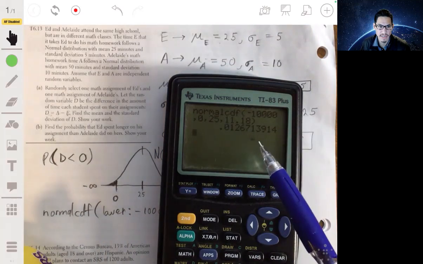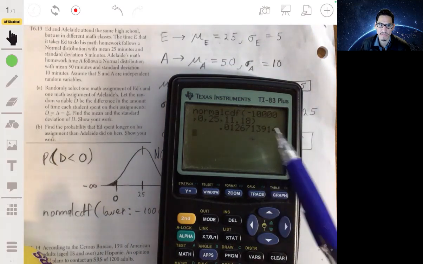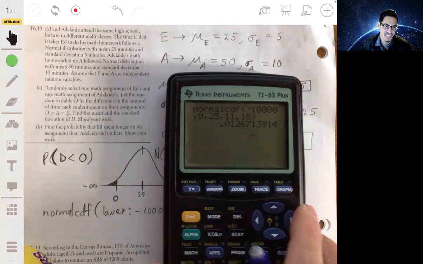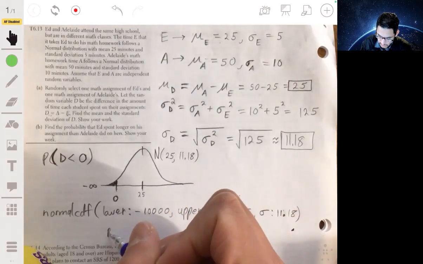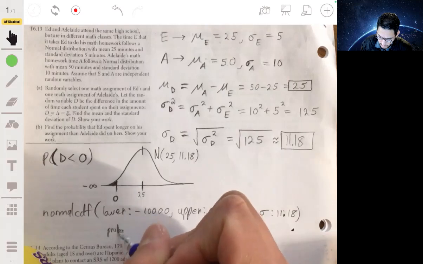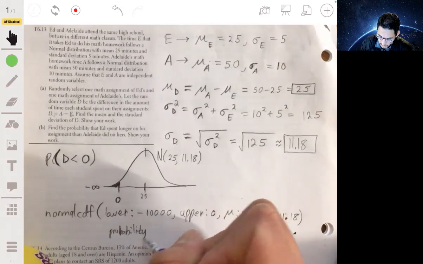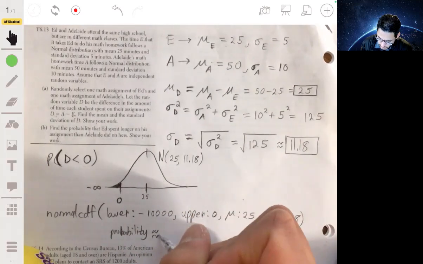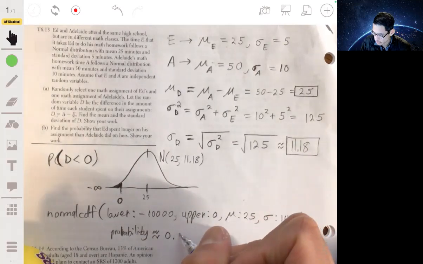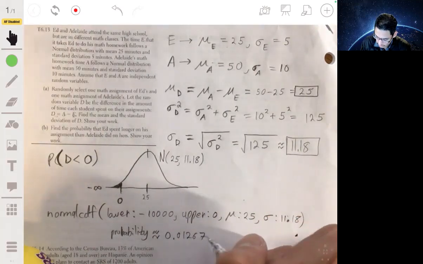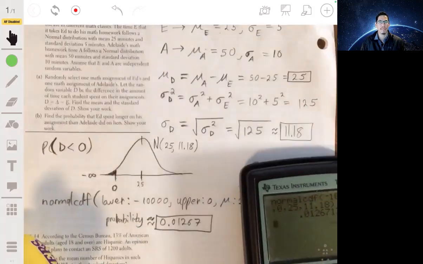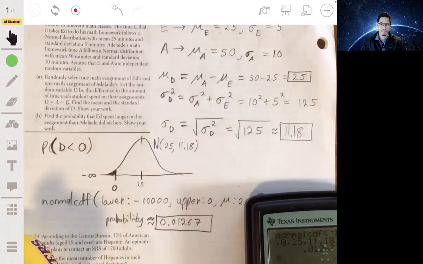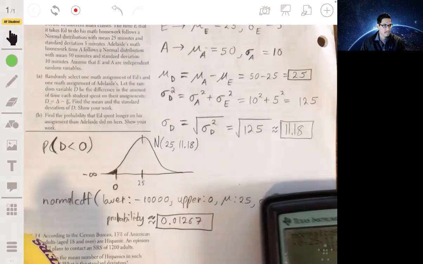In either case, you'll get a probability of about 1.267%, or 0.01267.